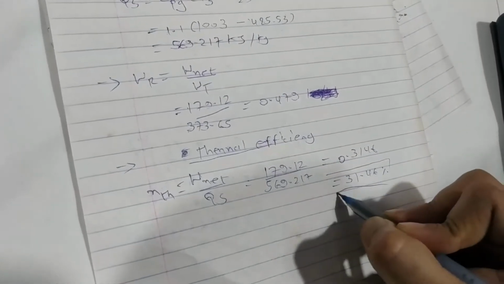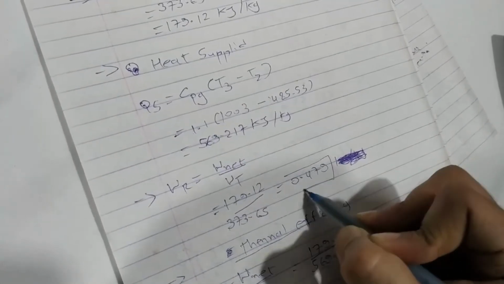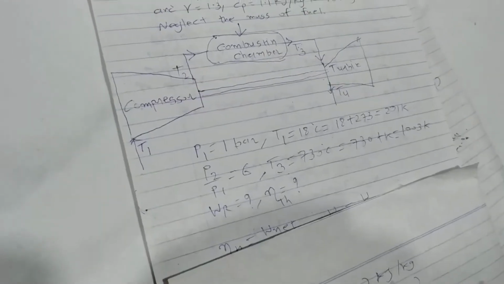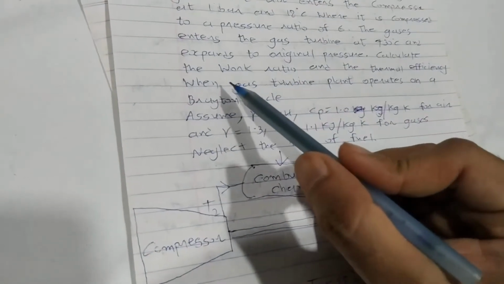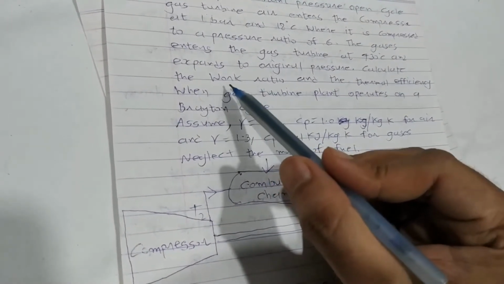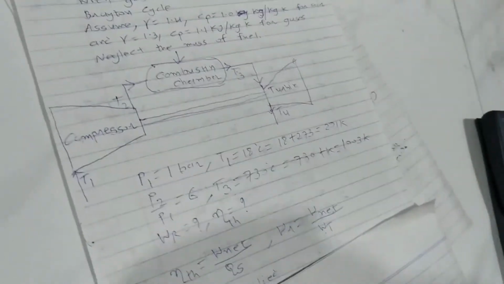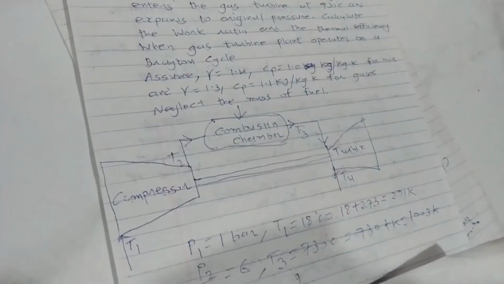This is our thermal efficiency, and this is our work ratio, which was asked in the question. It was asking us what the work ratio and the thermal efficiency were. So now I will take a look at another example.